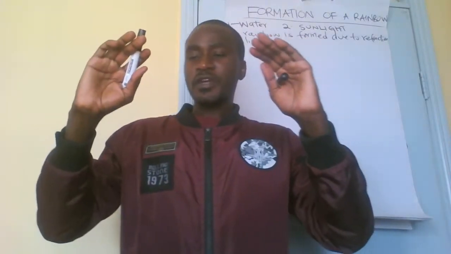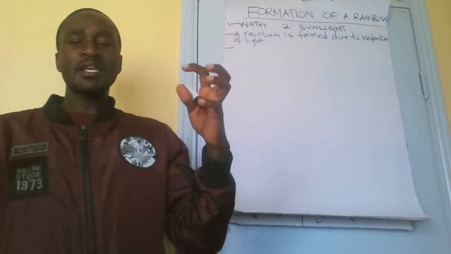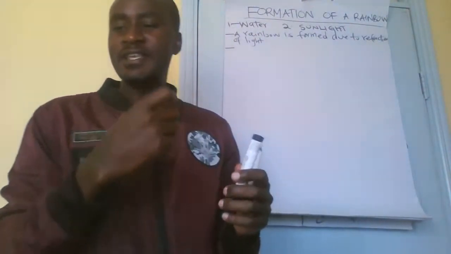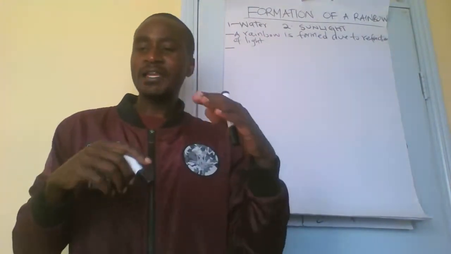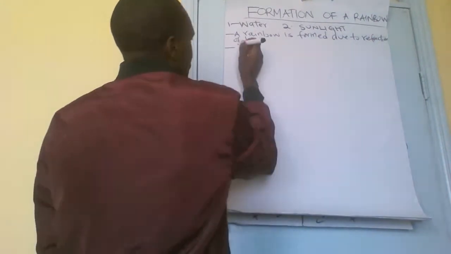Then we are going to find out what this rainbow is. It is a band of colors usually formed in the sky when the sun is shining and it is raining at the same time.